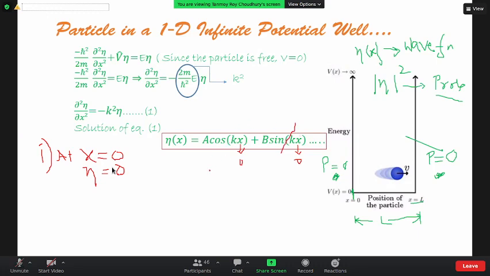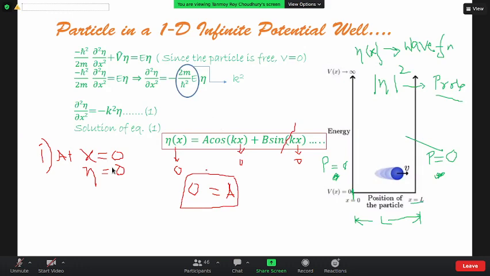Cos of 0 is 1 and eta is 0. So what do you get? You get 0 is equal to A. So you have found out the first unknown value. A is equal to 0. Is it okay?